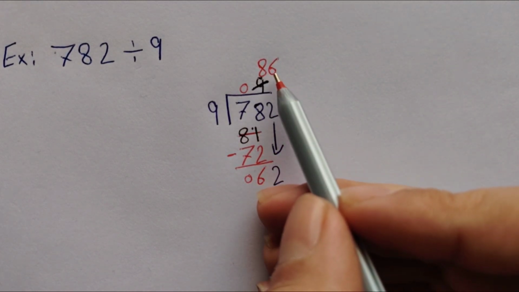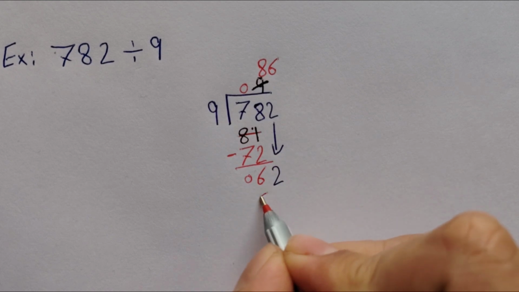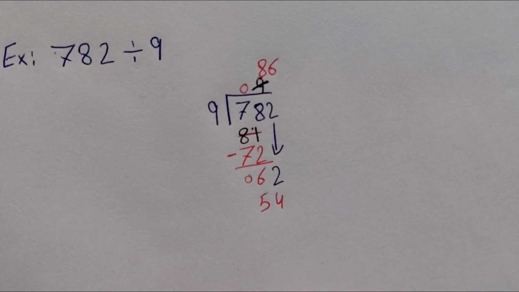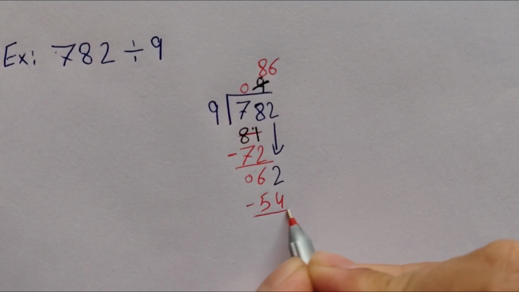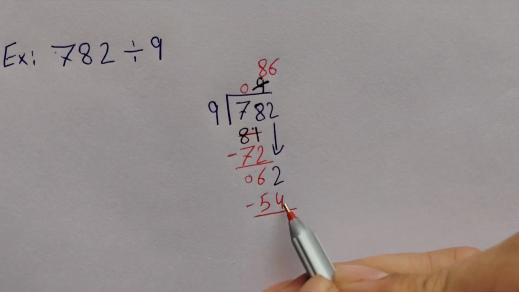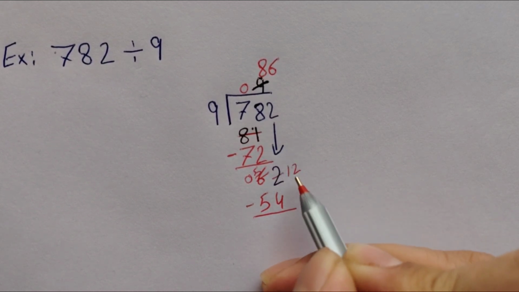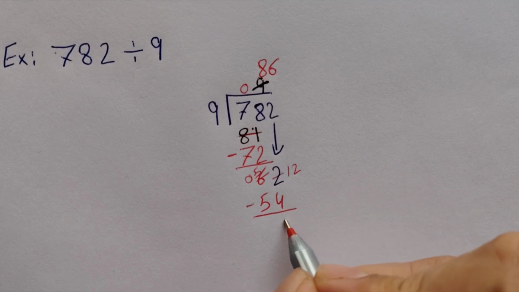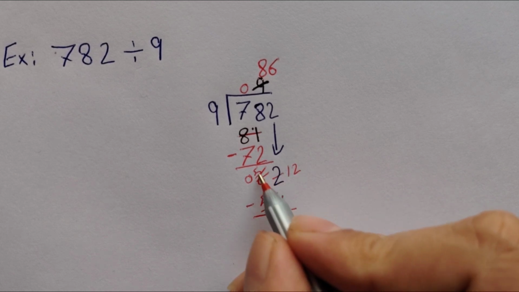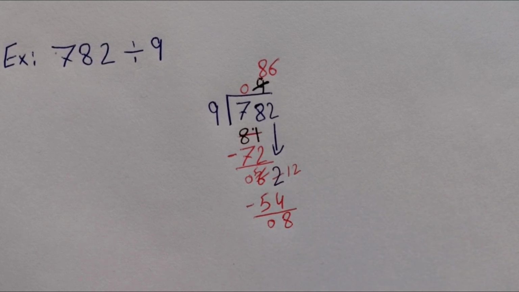And then we multiply, 6 times 9 is 54. Then we subtract it. 2 minus 4 we cannot. That 6 will be 5 and the 2 will be 12. Then 12 minus 4 will be 8. And 5 minus 5 will be 0.